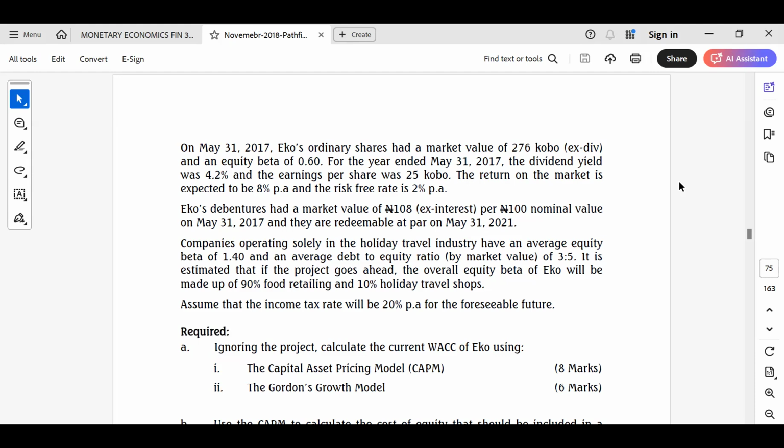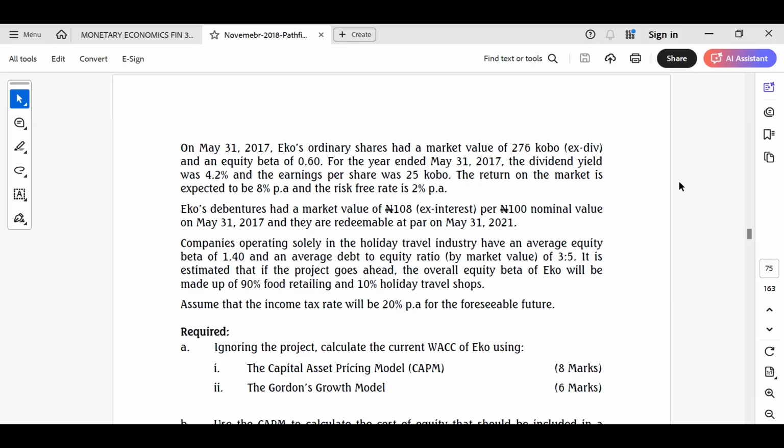Because if the project is a way the company is going to be diversifying, you would want to be looking for a proxy company. That is why they are saying you should calculate the current WACC. Whatever is current in the business, forget about the project.